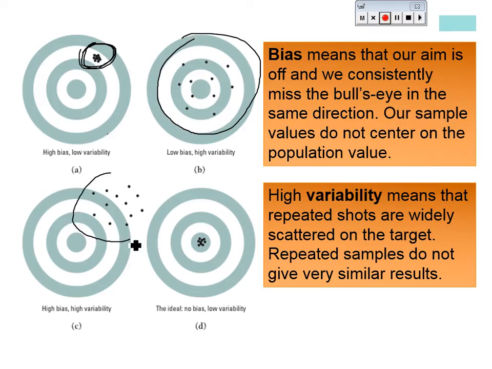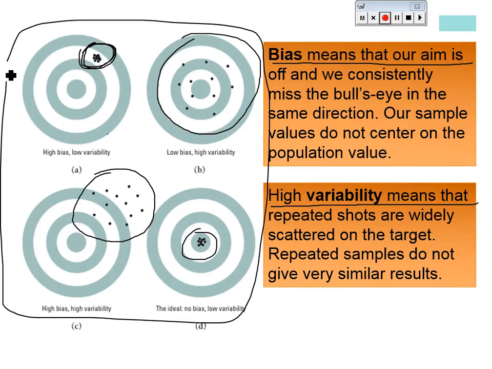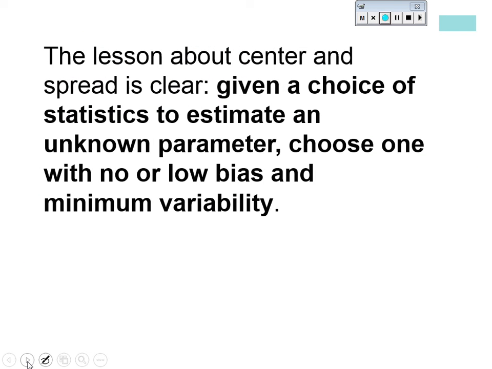This graph here has high bias and high variability, and this graph here has no bias and very low variability. So bias, if you note over here, refers to how much our aim is either consistently on or off, and variability refers to where your points seem to arrange themselves. So I think a bullseye here, in terms of illustrating what those are, gives you a pretty good idea of the differences between those two terms.